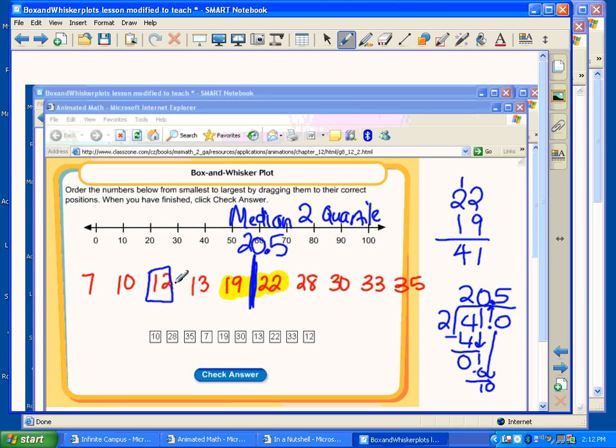So over here, the median is 12. That is called the first quartile. Go to your paper. On the 12 paper, put first quartile. Okay, on the other side, 30 is the median of the upper group. What is it? 30. That's called the third quartile.